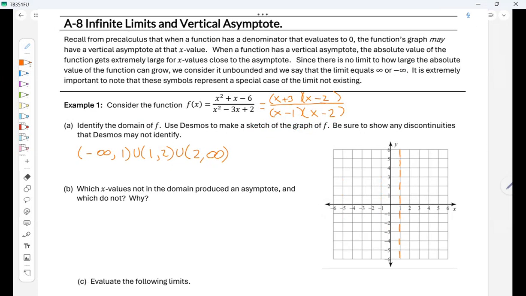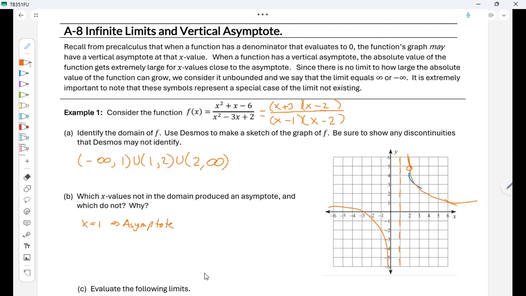X equals 1 is an asymptote, and that's because we couldn't cancel that out of the denominator. But x equals 2 gave us a hole, and that's because we can cancel x minus 2 out of the denominator.